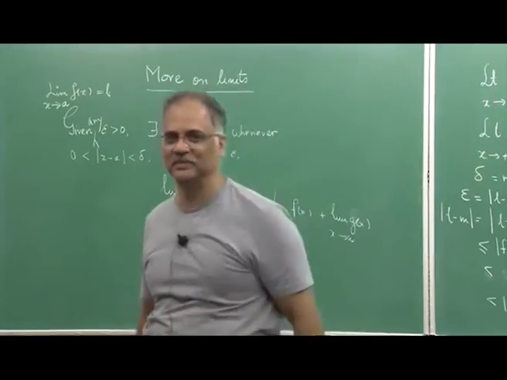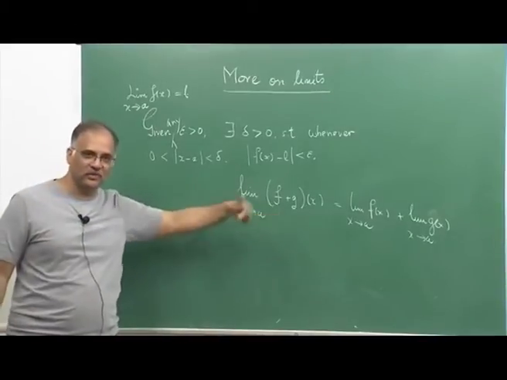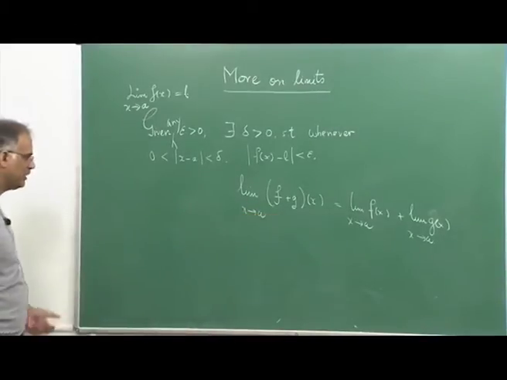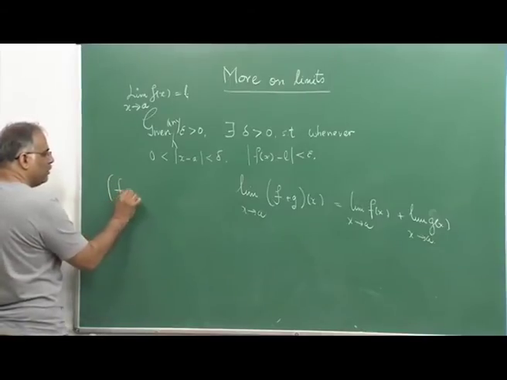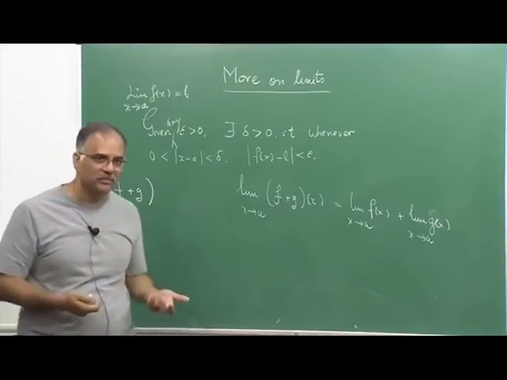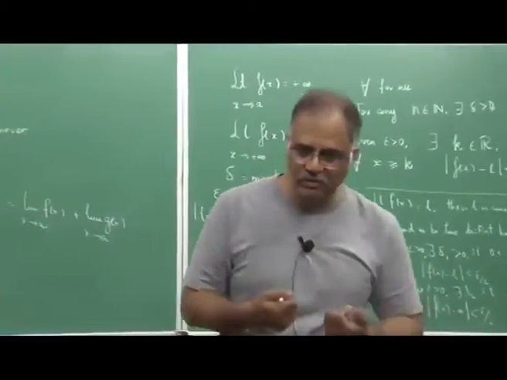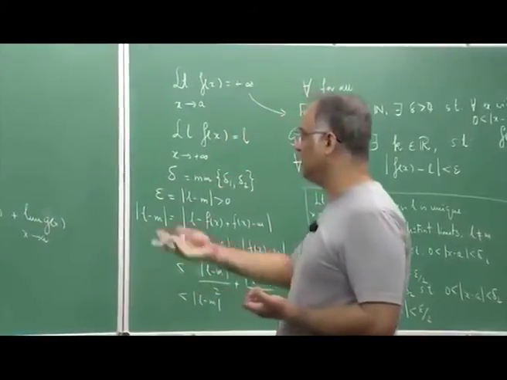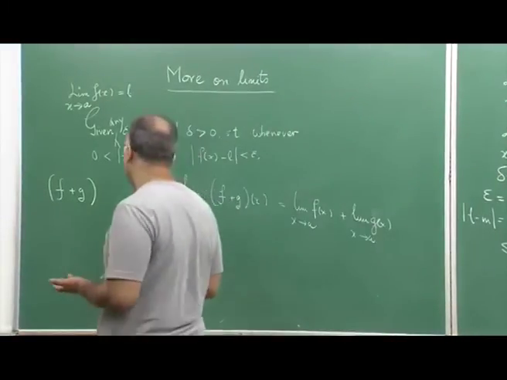So, if I am going to really look into this formula, the first step of rigor as a mathematician would be to define what I mean by this new function f plus g. It is like a summing of two machines. I tried to explain to you functions as some sort of a machine, and so here we are summing up two machines. What do you mean by this summing up?